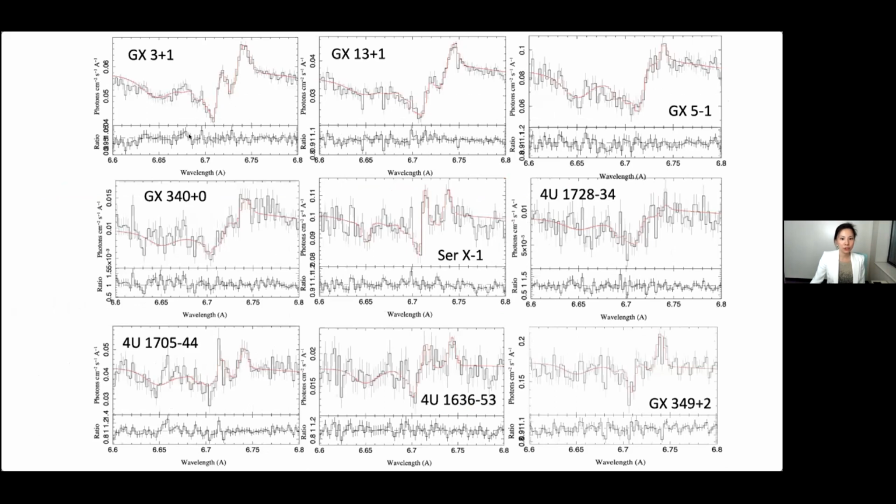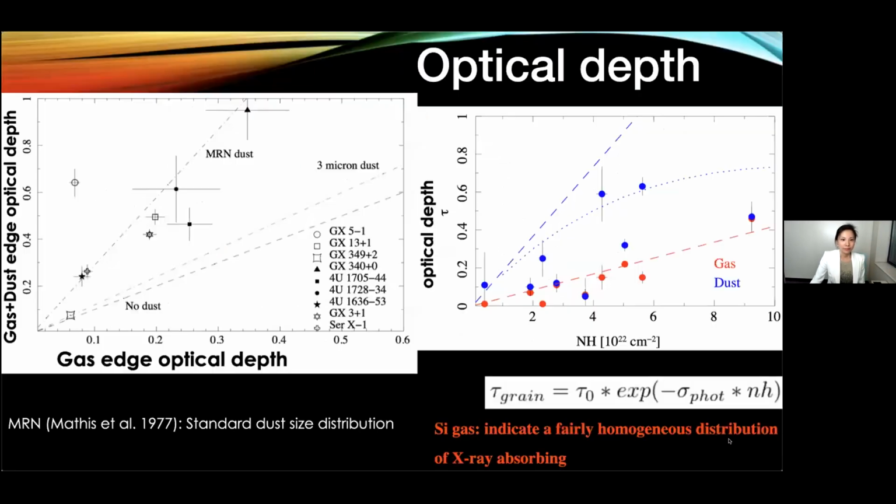I just showed you GX 5-1, and this is GX 3+1. From these sources, we can get the gas edge optical depths, as well as the total edge optical depths, including gas plus dust.